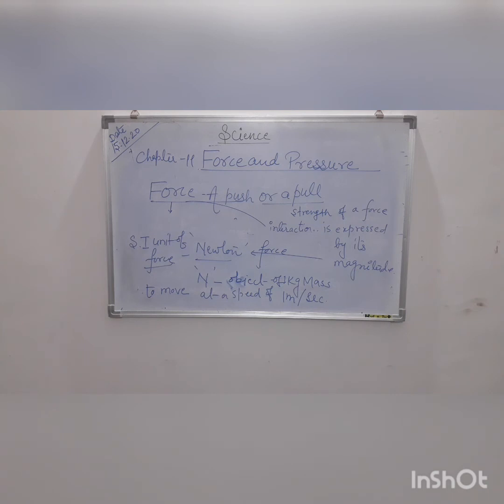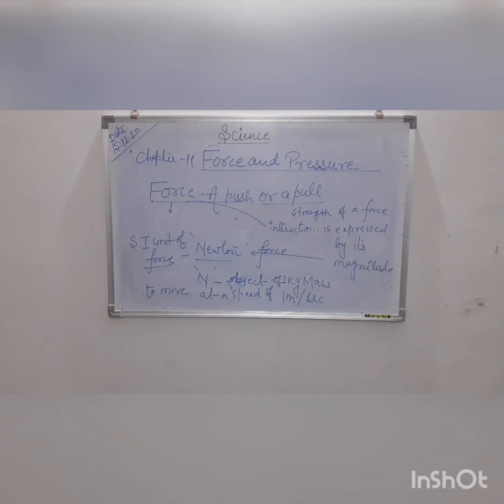Now suppose there is a heavy box lying on the ground and two men push this box from opposite directions, one from the left hand side and the other from the right hand side, assuming that one of the men is stronger and applies a larger pushing force than the other.